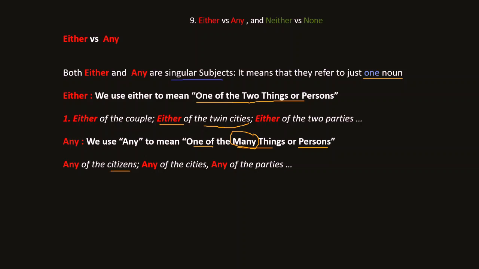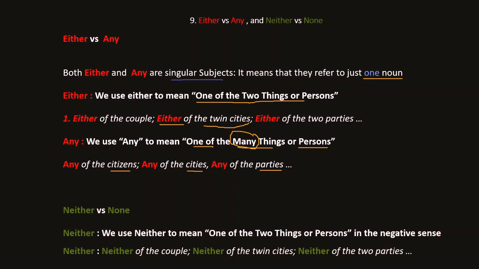We use neither to mean one of the two things or one of the two persons in the negative sense. Neither of the couple, neither of the two cities, or neither of the two parties. So the opposite of either is neither. The opposite of any is none.